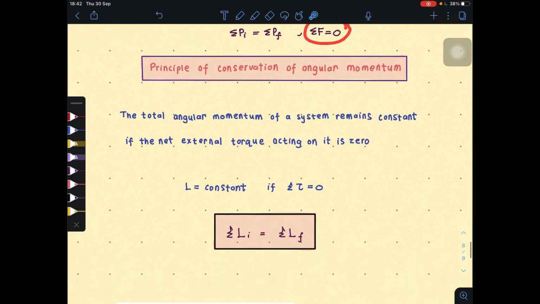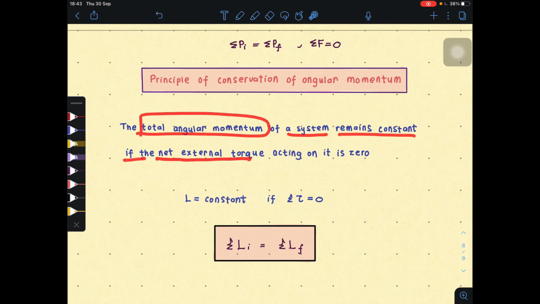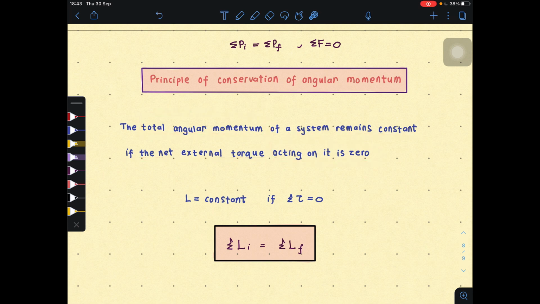It's the same in angular momentum. The total angular momentum of a system remains constant if the net external torque acting on it is equal to 0. So if the sum of the torque is zero, the momentum will be constant.